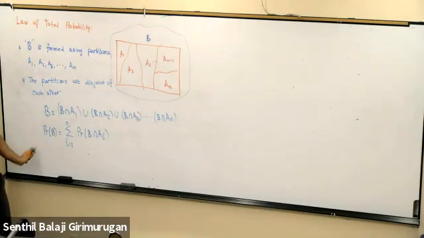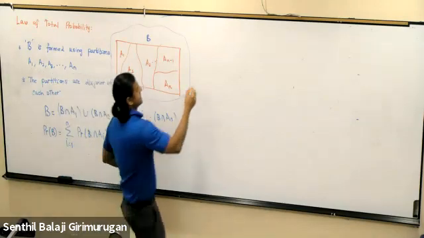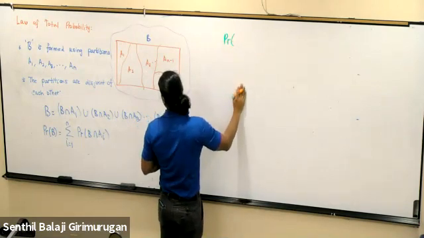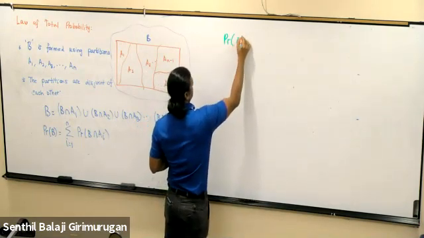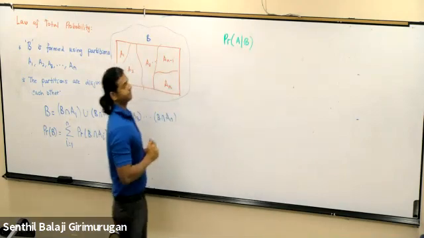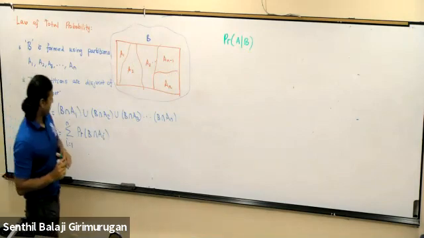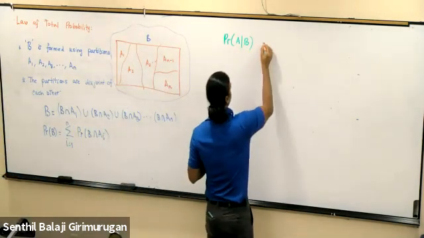So suppose we need to find the probability of A given B. What would the numerator be?